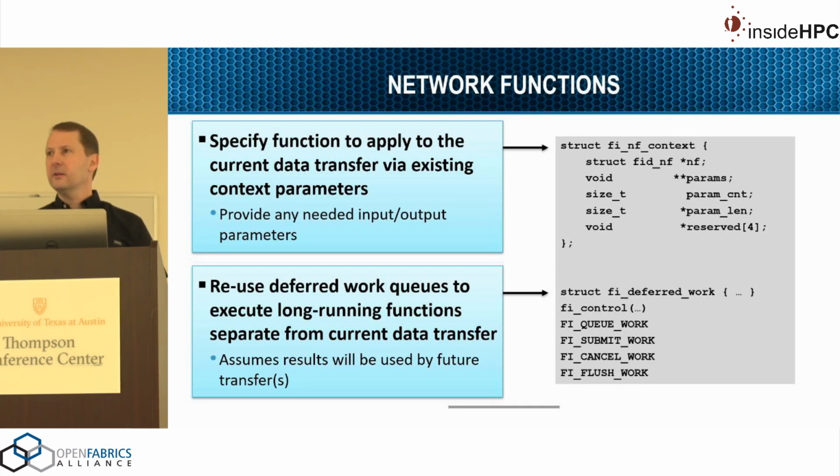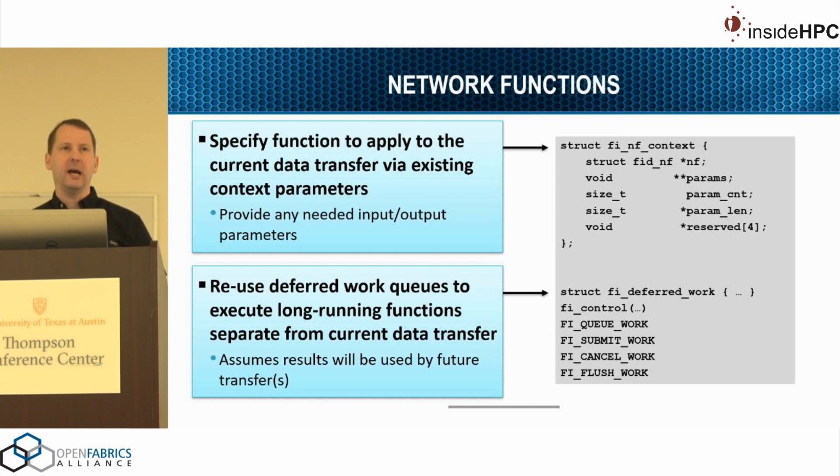So how do we apply it on the data transfers? In OFI terms, like all of our data functions, we have a context field. And today, we have different ways for the application and providers to communicate through this context field. It's just a general void star field. So when the network function flag is set as part of a transfer, that context field would basically be this data structure.